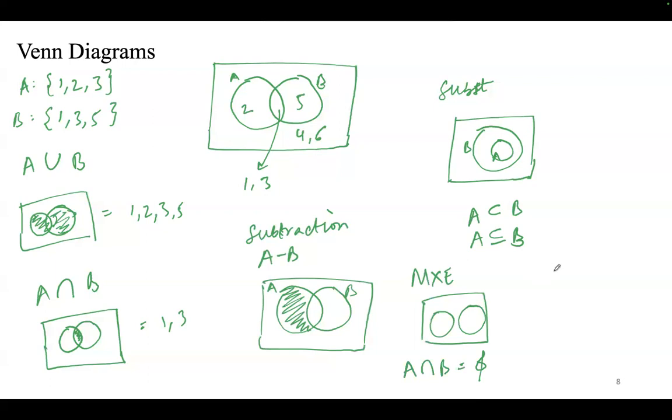And then another case, so let's say if I'm defining A as 1, 2, and 3, and I'm defining B as 4, and let's say I'm defining C as 5 and 6. So when I take all of them together, when I do a union of all three of them, I get my whole sample space back, right?